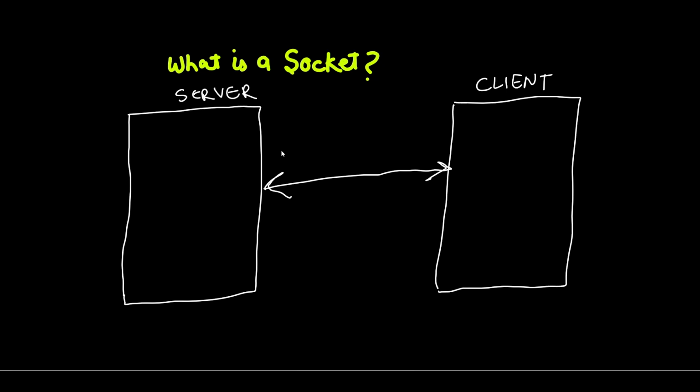Now we have a list of APIs that are used in sockets on the server side. The first one is the socket API, which creates a socket file descriptor for communication over the network. Second is bind, where we bind this socket to a particular IP and port.